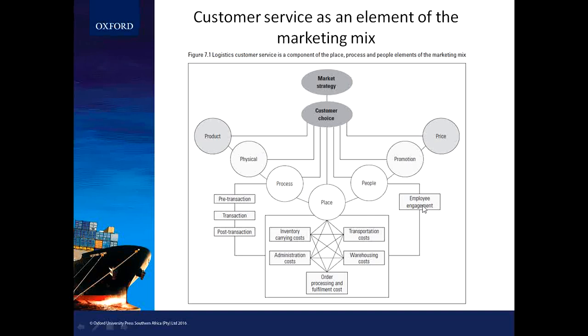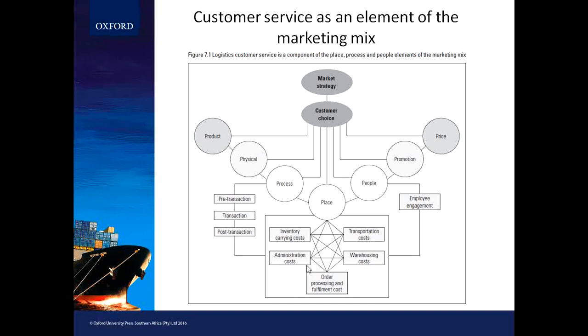Taking promotion, the people element is employee engagement here, and the process is pre-transactions, that is how it flows into the different mix of transportation, warehouse cost, and inventory carrying cost, administrative cost, and all.